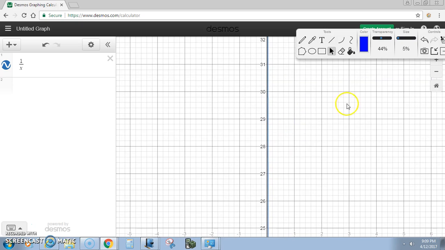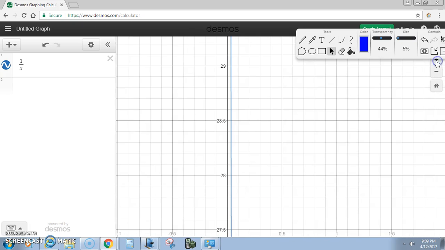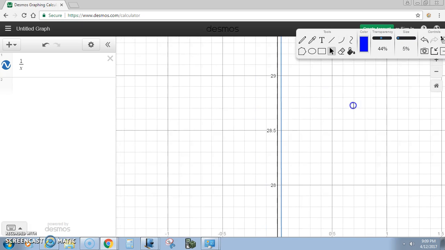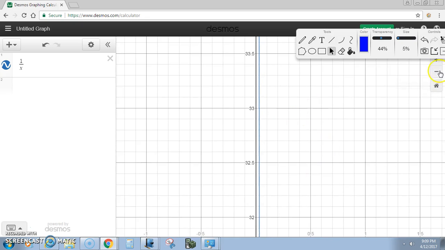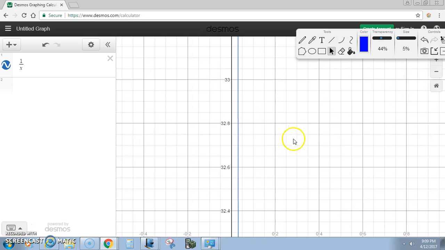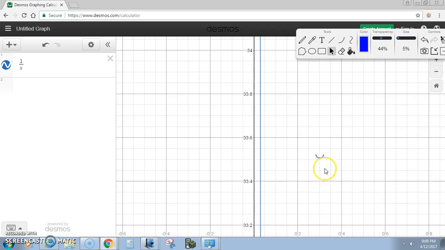And look, it looks like it's right on top. And now let's go in. Nope, not on top. It's getting close. You could do this an infinite number of times, and it's never going to hit that y-axis.